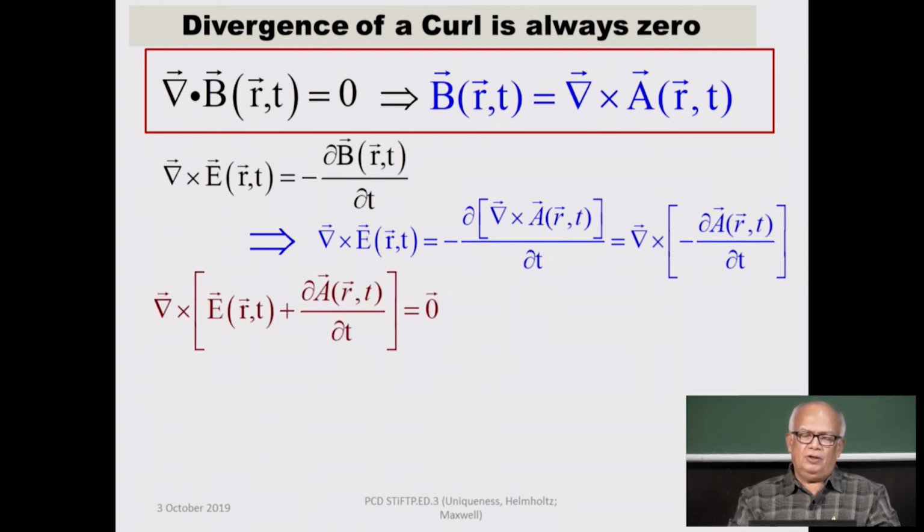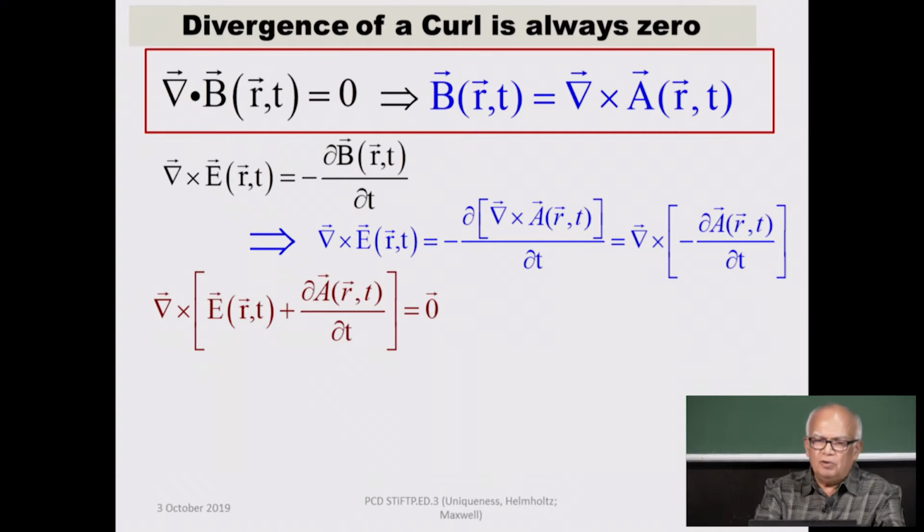So, if you bring the left hand side and right hand side together, you find that the curl of this quantity is equal to 0, which means that E by itself is not irrotational, but when you add the time derivative of the vector potential, then it is.